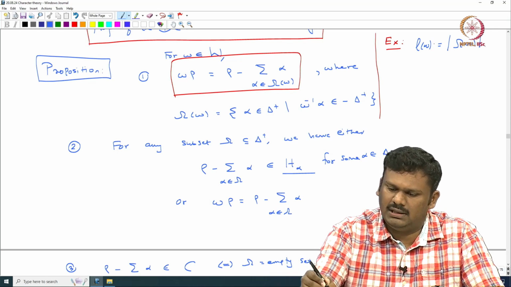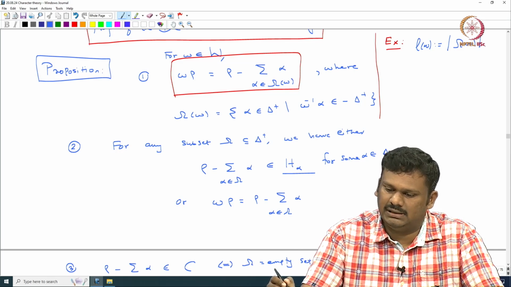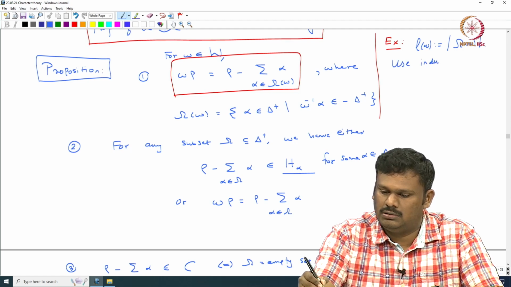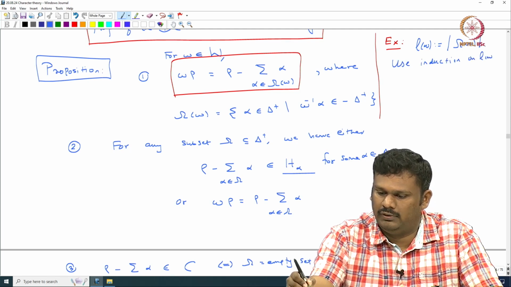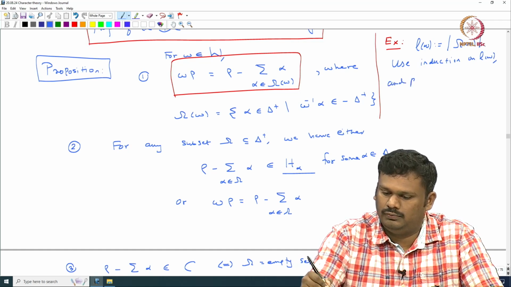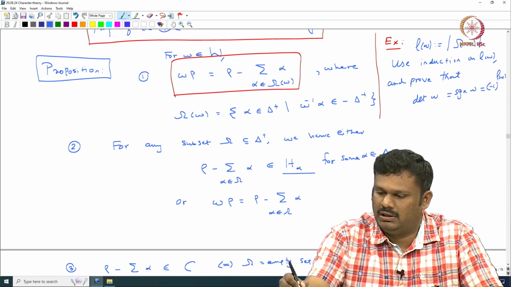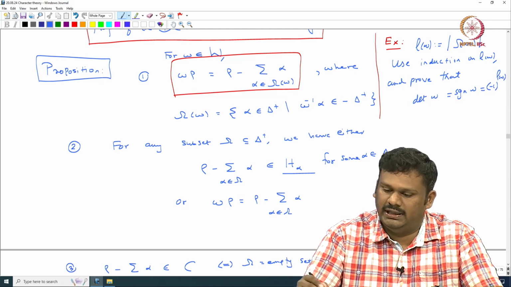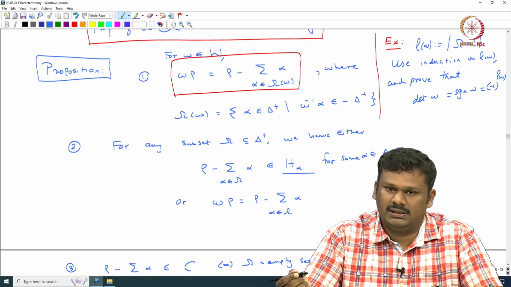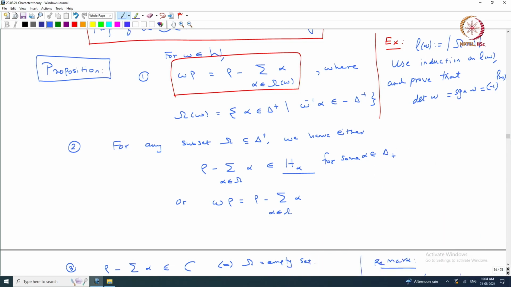Now if we take this to be the definition, then using induction on the length of W one can prove that the determinant of W, which is the same as the sign of W, is nothing but minus 1 to the power length of W. The determinant is given by representing each W as an element of the Weyl group W, which is a subgroup of GL of E. So the sign is given by the sign of the permutation, and we are saying that is the same as minus 1 to the power length of W. It is a very simple exercise.